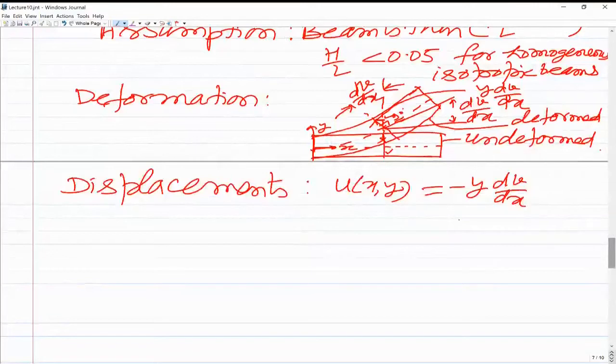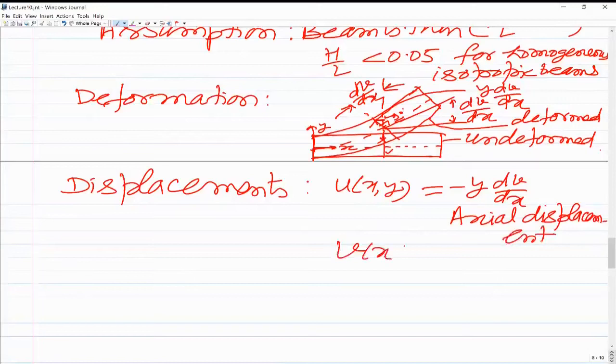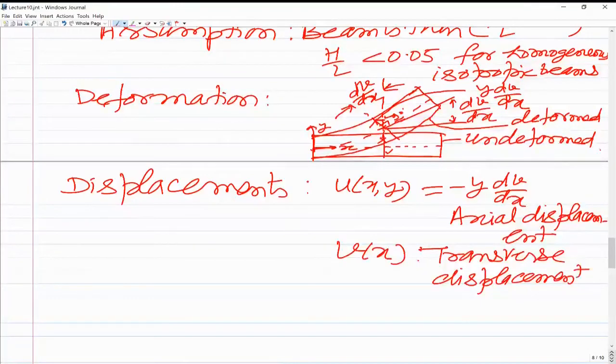This is called the axial displacement, because axial means along the axis. And then v is the transverse displacement, which is a function of x only.